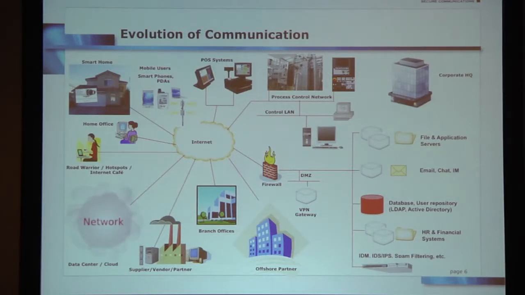Data center or cloud resources that companies increasingly utilize. And of course, the critical business relationships between companies and third parties, such as suppliers, vendors, partners, outsourcing, offshoring, and so forth. And of course, branch offices that are being utilized and need to be secured.